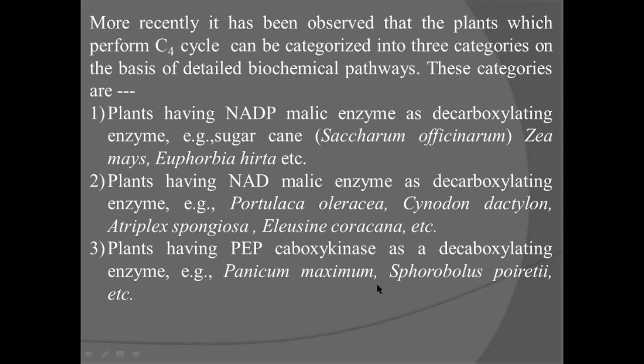Example Panicum maximum, Sporobolus, etc.